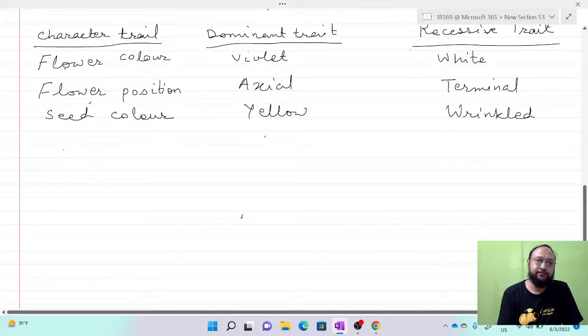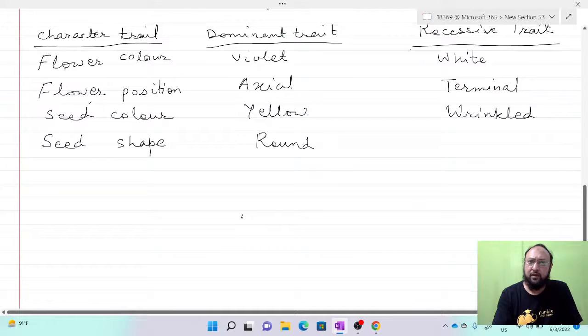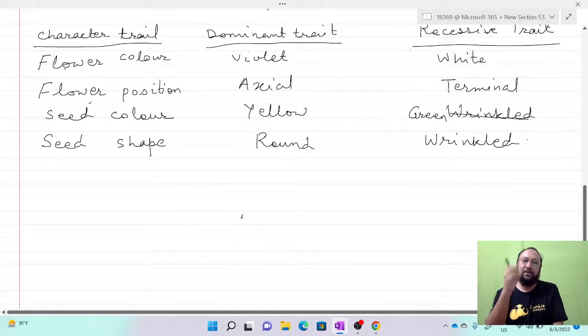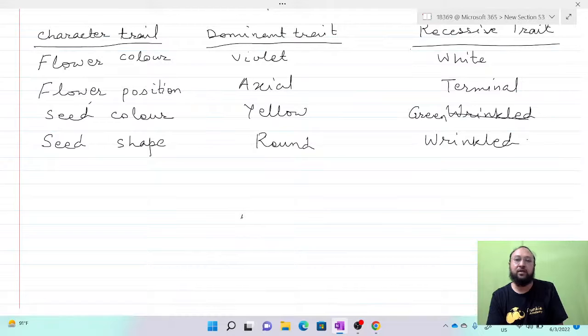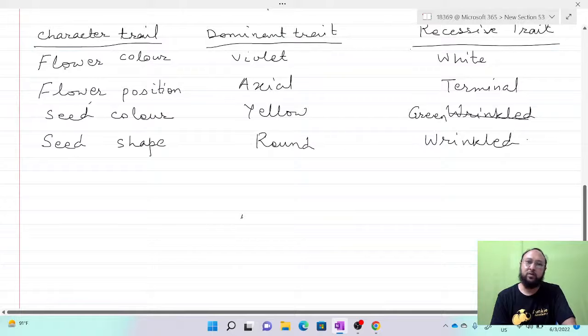Then next is the seed shape: round, and here it will be wrinkled. The wrinkle means it's not smooth. So round, wrinkled, and yellow, green. Green color was the recessive, and yellow is the dominant.